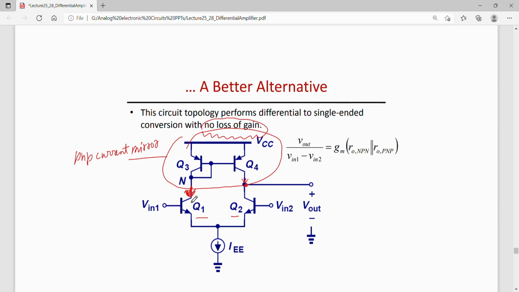So this current is copied at Q4. And apart from the current at Q4 which is copied from here, Q2 is also generating a current in response to change in Vin2. So there is no loss of gain, and hence this is a better alternative.